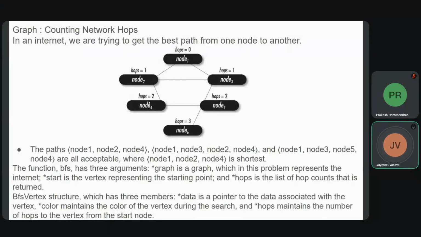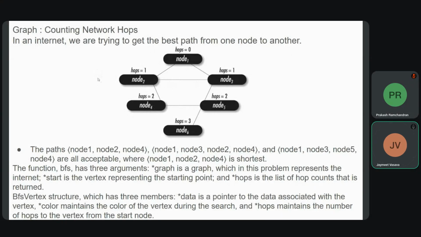The possible paths from node 1 to node 4 are node 1 to node 2 and then node 4. Then node 1 to node 3, then node 5, and then node 4. And one also exists as node 1 to node 3 to node 2 and then node 4.